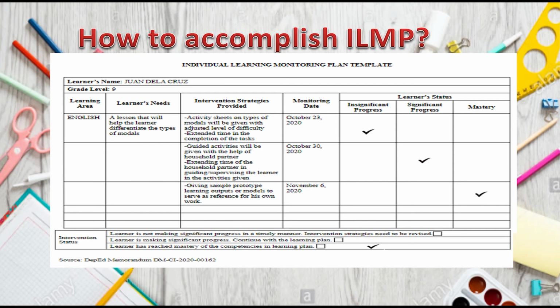Giving sample prototype learning outputs or models to serve as reference for his own work. Okay, the monitoring dates are October 23, 2020, October 30, 2020, and November 6, 2020. So the learner status goes from insignificant progress to significant progress to mastery.